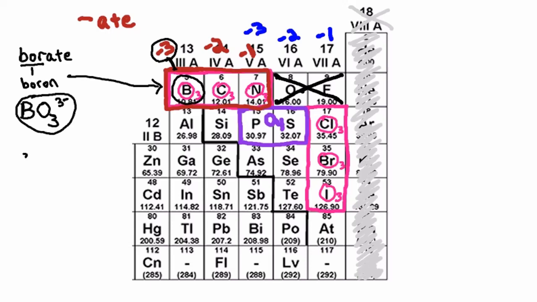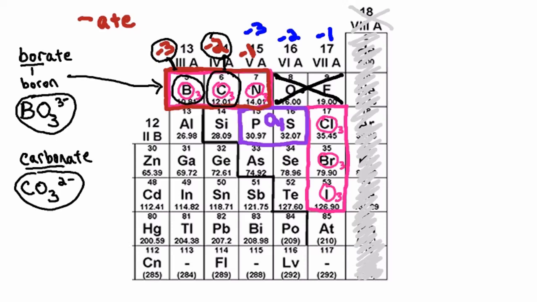So let's talk about carbonate. Carbon is what we're going to be working with, and that's right here. So carbon is in one of the boxes that gets 3 oxygens with it. And then it's in one of these special boxes that gets a -2 charge for the entire polyatomic ion. So CO3 with a -2 charge is going to be carbonate.